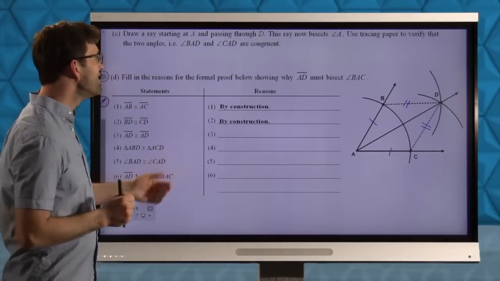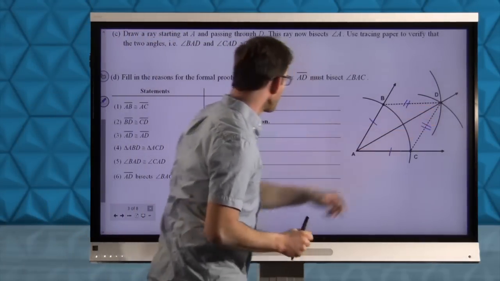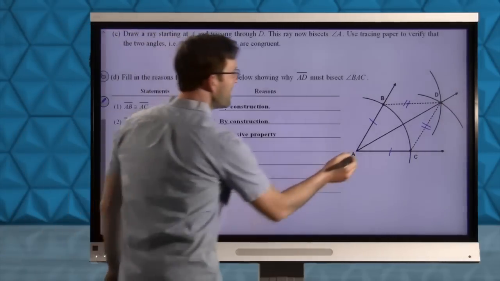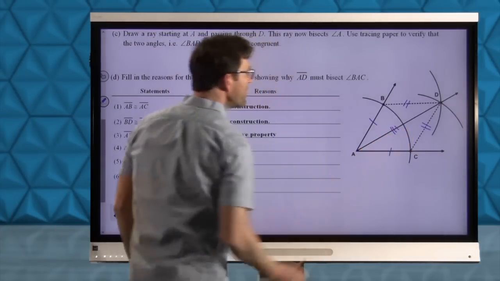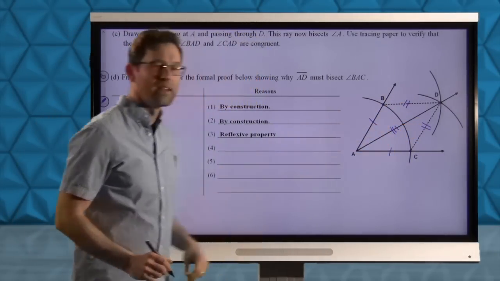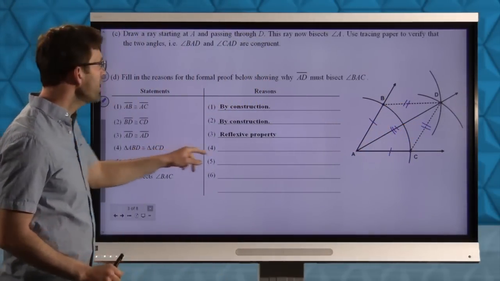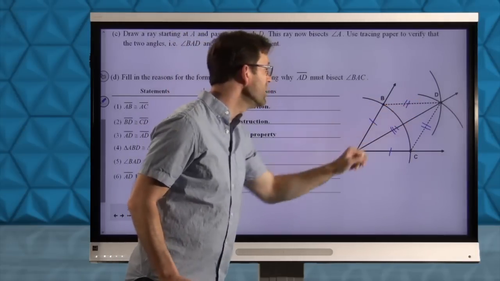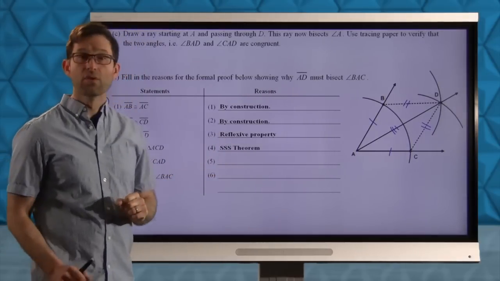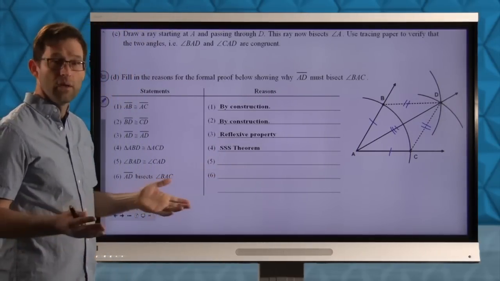Finally, why is AD, this line segment, congruent to itself? Well, that's the reflexive property. Now think about that though, right? Now I've got a side equal to a side, a side equal to a side, and a side equal to a side. So why is triangle ABD congruent to triangle ACD? Well, that's due to the side-side-side theorem.